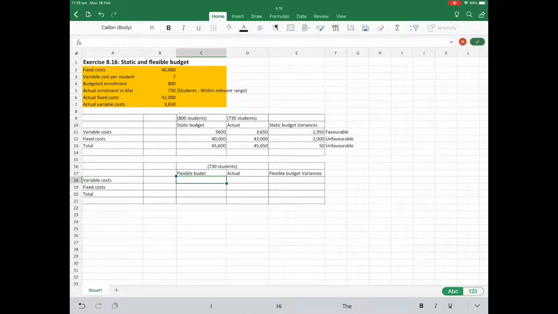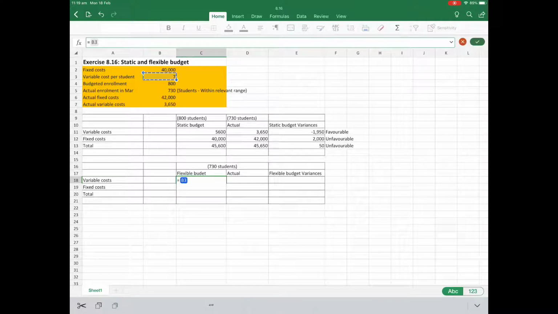Now, the $50 looks quite good, but when we move to the flexible budget, the variable cost for the flexible budget is prepared based on the actual volume of enrollment. So here, we take 7 times 730.